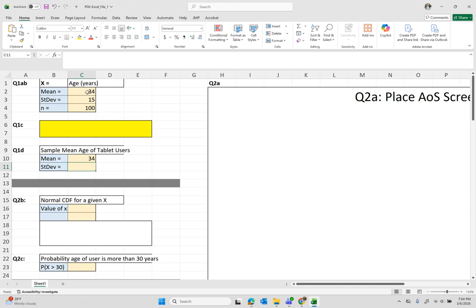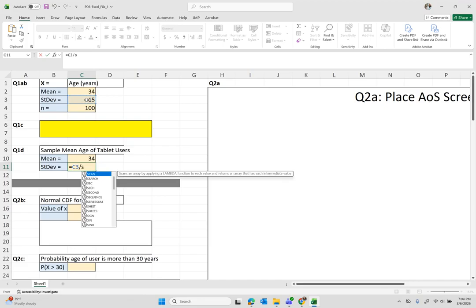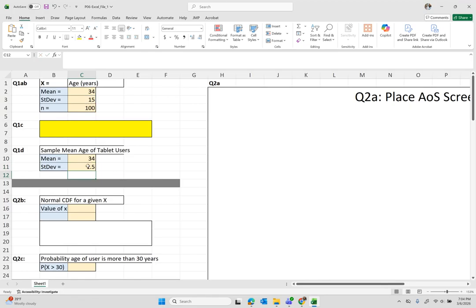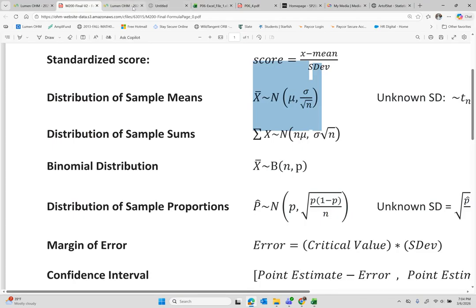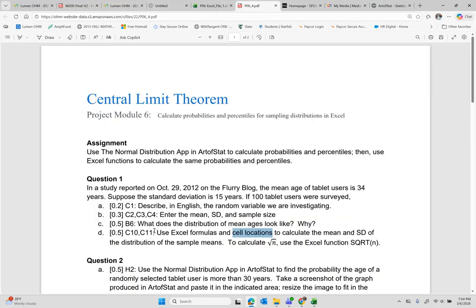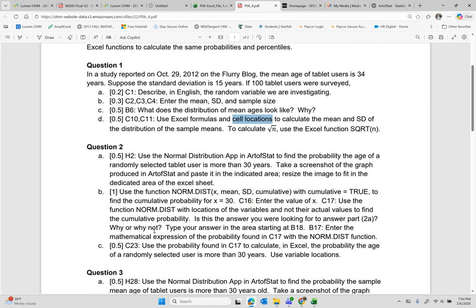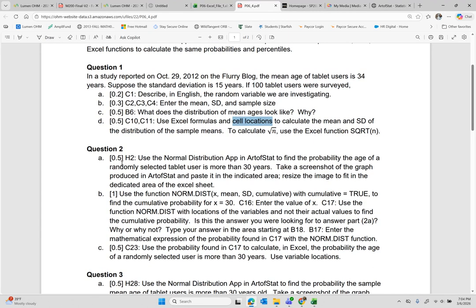And the standard deviation of the distribution of the sample mean will equal the standard deviation of the variable divided by the square root of n, which is located in cell C4. So my answer is here at 1.5, and this concludes question 1. Let's double check. Yes, so we are all set for question 1.